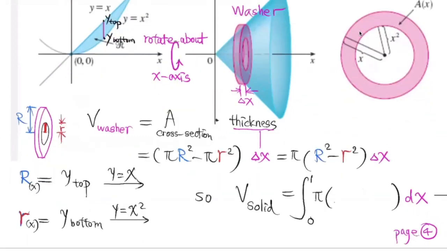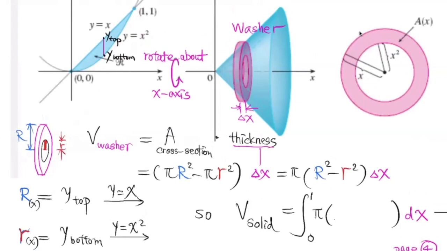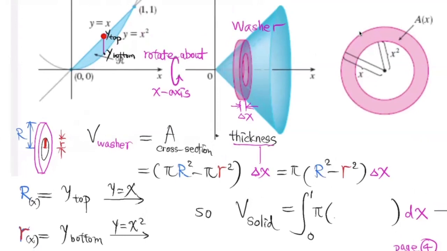Now in this case, what will be this big R, the outer radius? Well, that corresponds to the y coordinate of this point. From here to here, that's the y coordinate of this point on y equals x. So the y coordinate on top is equal to x, the same as whatever x coordinate we have here.